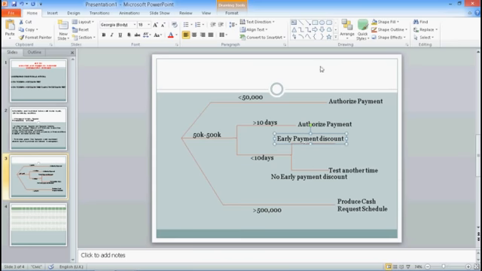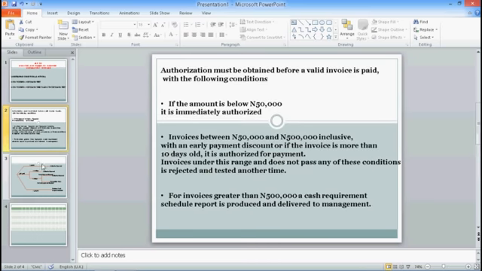We authorize payments. So we authorize payment here. So we authorize payment. So it means that we have deciphered the question. We have demystified whatever might be confusing about it.